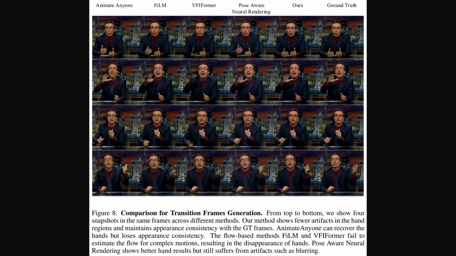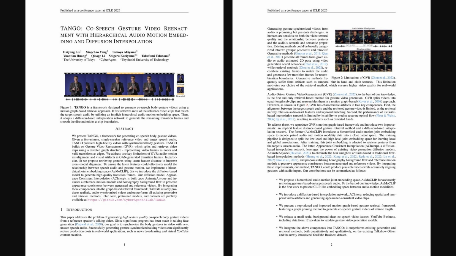The key thing here is that TANGO, using that appearance-consistent interpolation we talked about, shows fewer artifacts, especially in the hands, and maintains appearance consistency much better. Some other methods blur or even lose hands, but TANGO's results look closer to the real thing. So these visual comparisons really highlight how TANGO, with its appearance-consistent interpolation, creates more natural transitions.